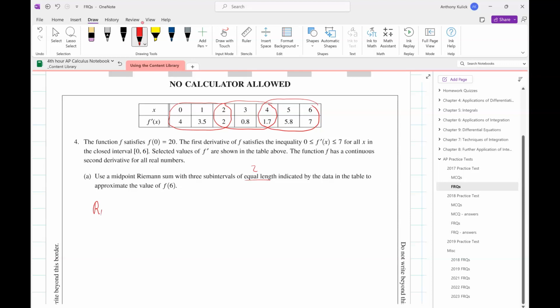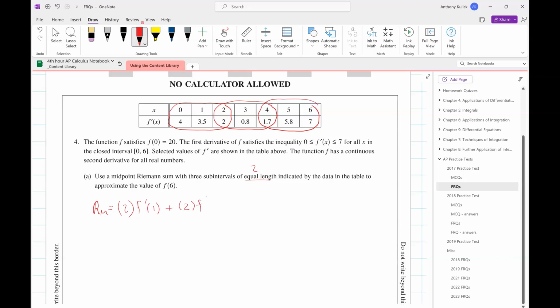So my Riemann sum, R_M, my midpoint Riemann sum, is going to be the width of the subinterval, always going to be 2 in this case, and then the height at the midpoint. So in this case, f prime of 1, or 3.5.